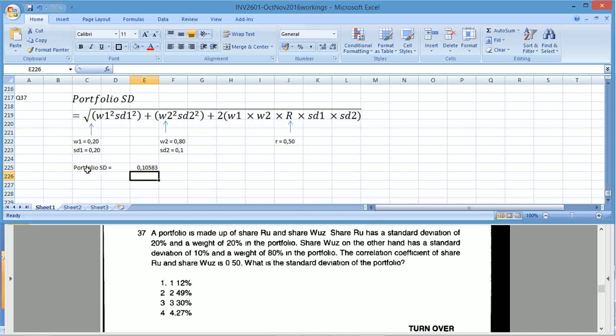What is the standard deviation of the portfolio? That can't be right unless I made a mistake here. Brackets, let's add more brackets here.